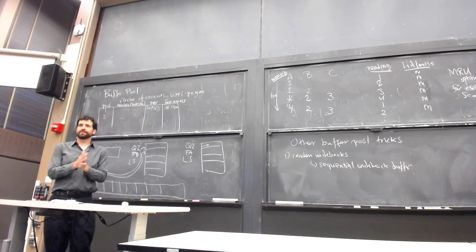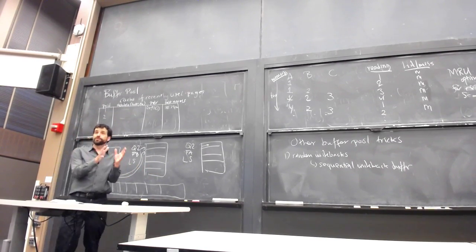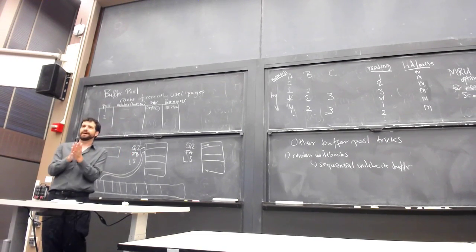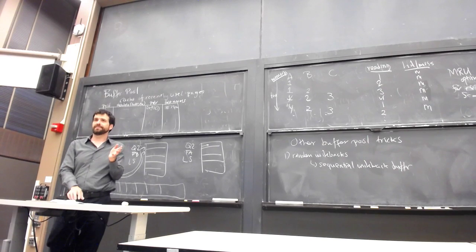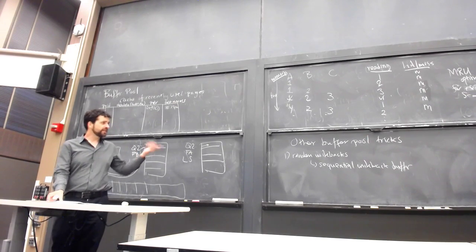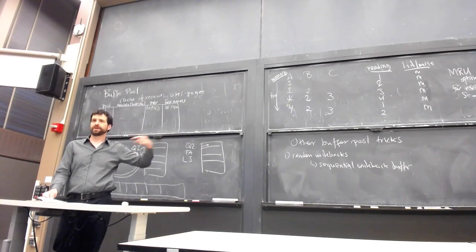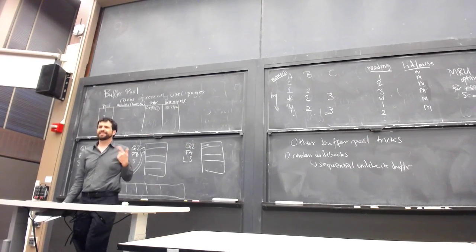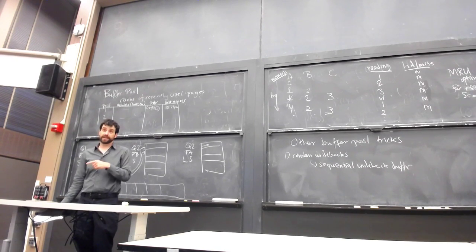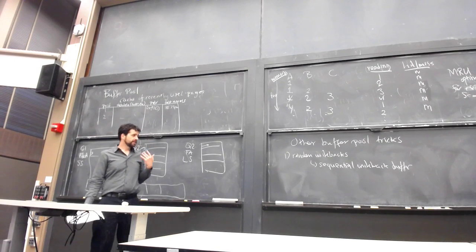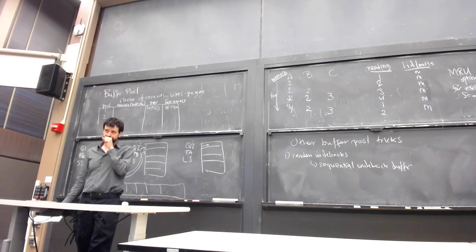It doesn't bother to write the bytes to disk until either you force it to with this fsync operation, or it decides that it's time to write them back because it needs to free up space in its own memory. And so the operating system is already doing these kinds of optimizations to sequentially write back dirty pages, and you can get the operating system to do this for you. And you may have to call this fsync operation periodically, at certain well-defined points, in order to get the transactional properties you need.